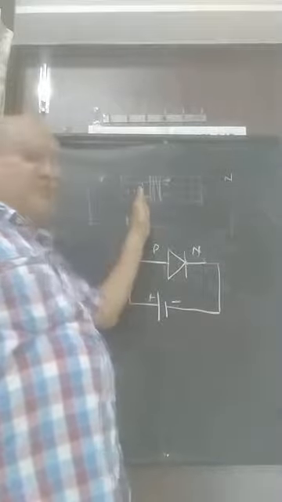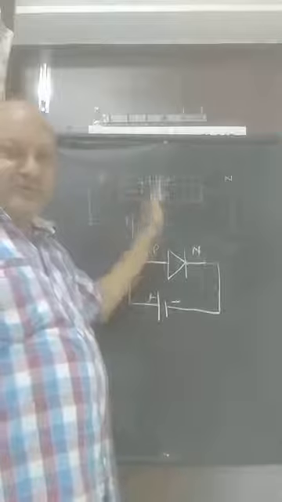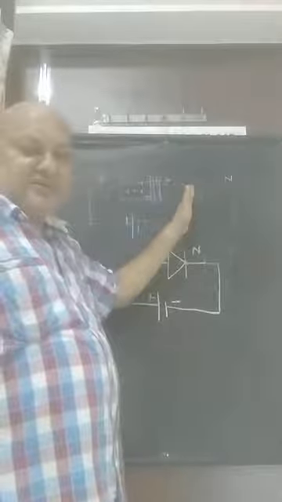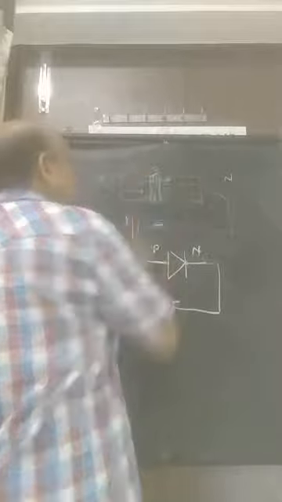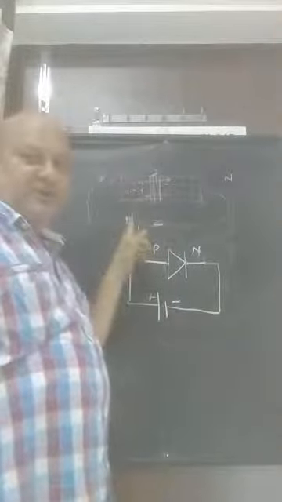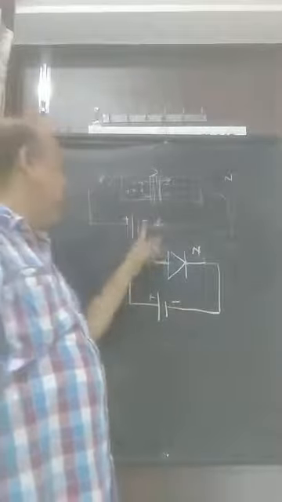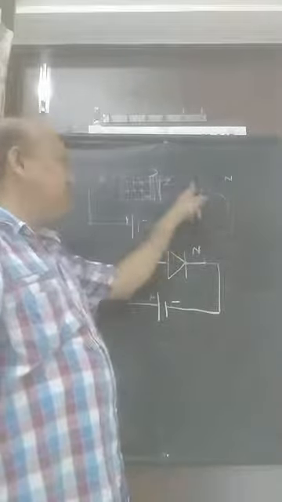This will produce the current called the hole current. And this will produce the current called the electron current. So the combination of these will produce the flow of the current, and hence the current will be flowing like this from positive to negative. This is a unidirectional device. So in this case the current will flow only from the P side to the N side.